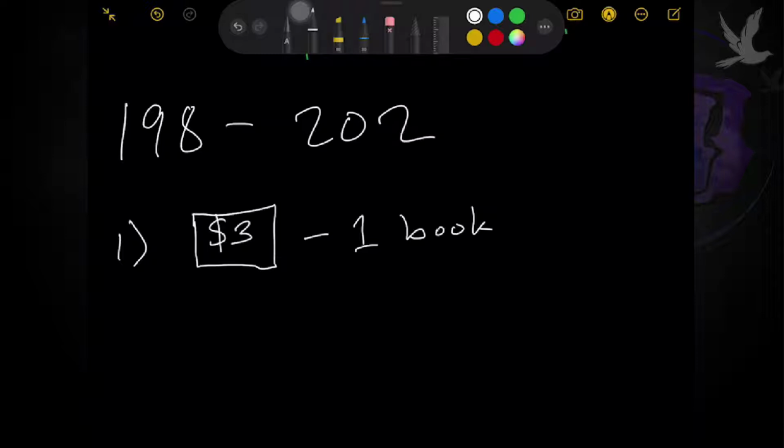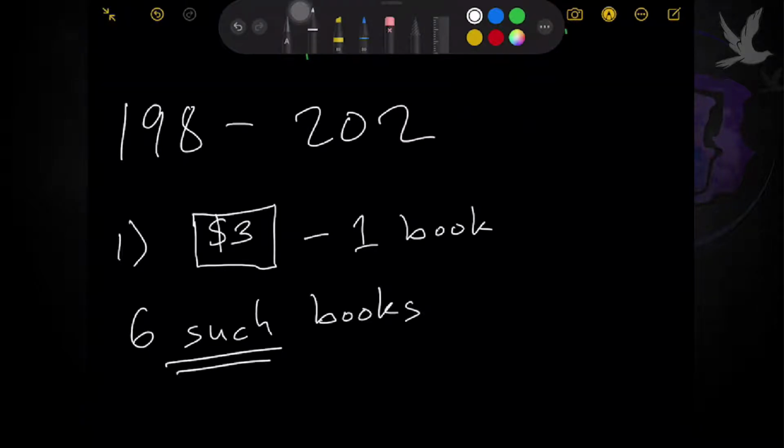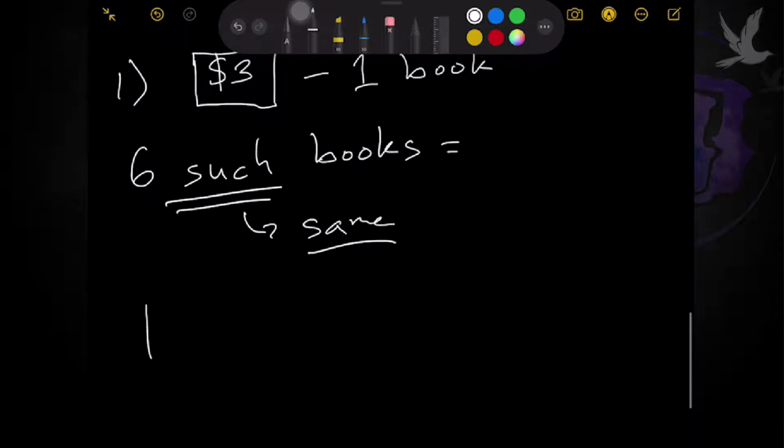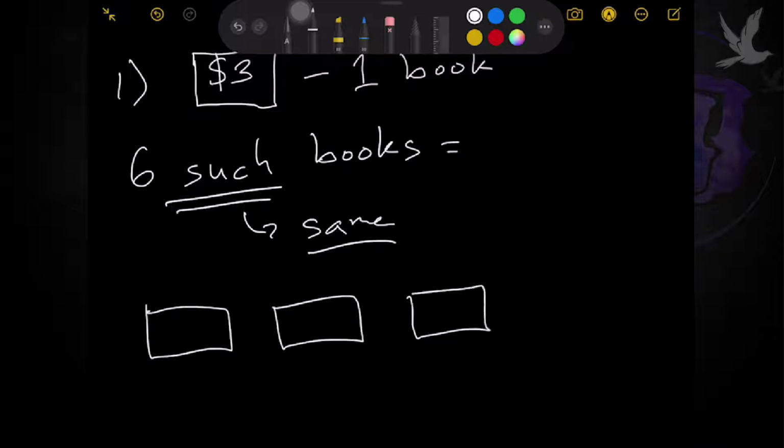Okay, Geraldine bought 6 such books. Ibig sabihin nito that she bought 6 the same, basically refers to same books. So the approach of solving here is model.